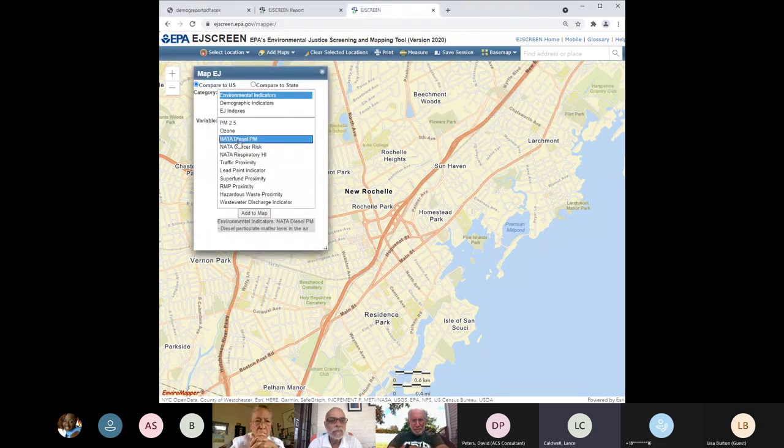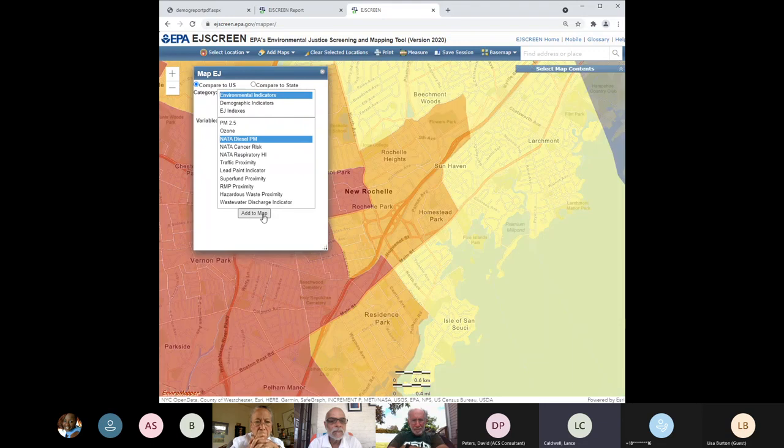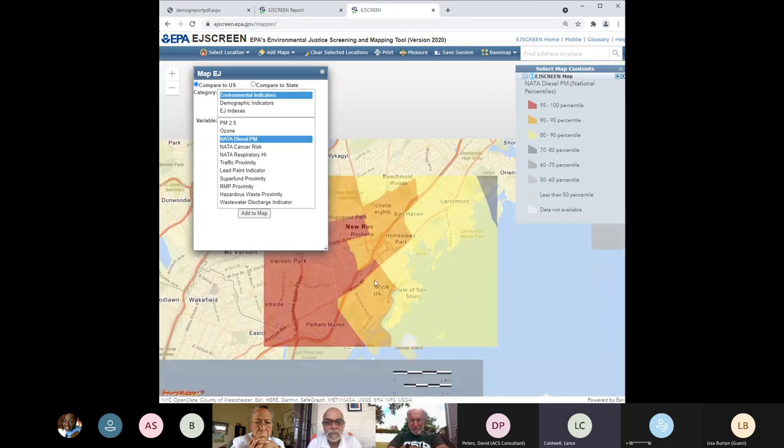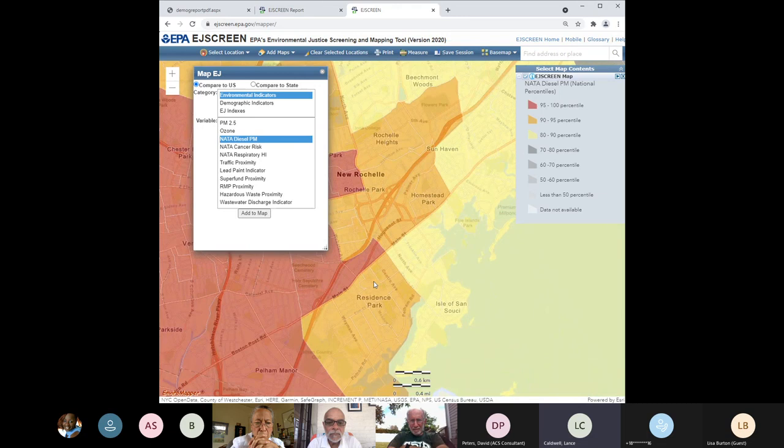Okay, there we go. So this is the environmental indicator, and here's the legend. Obviously the red is the higher percentiles, and the yellow is the lesser percentiles. I'll explain the percentiles in just a little bit.